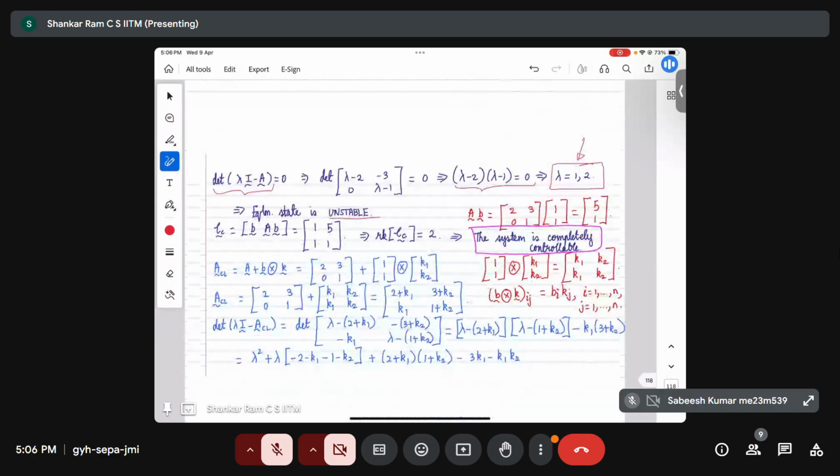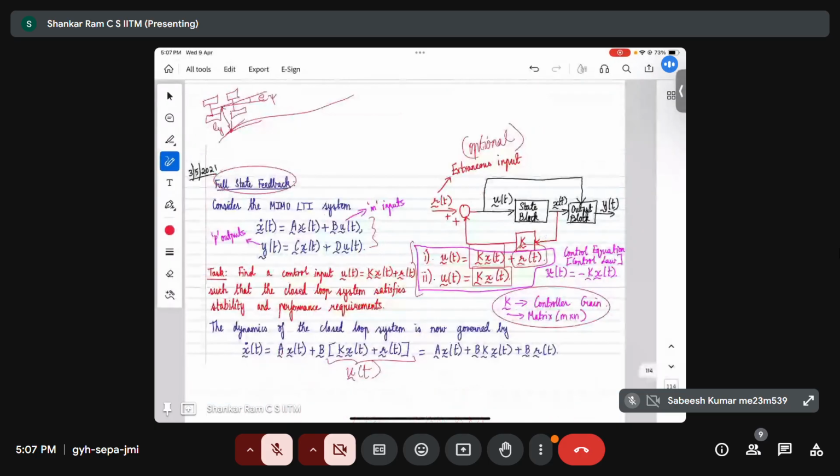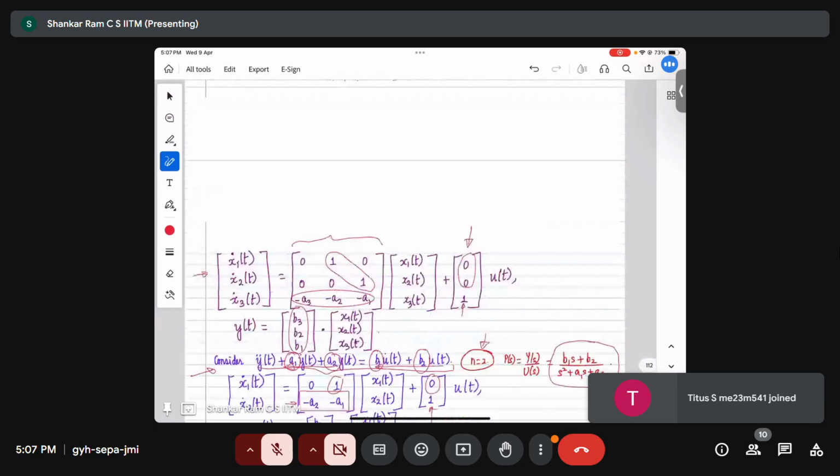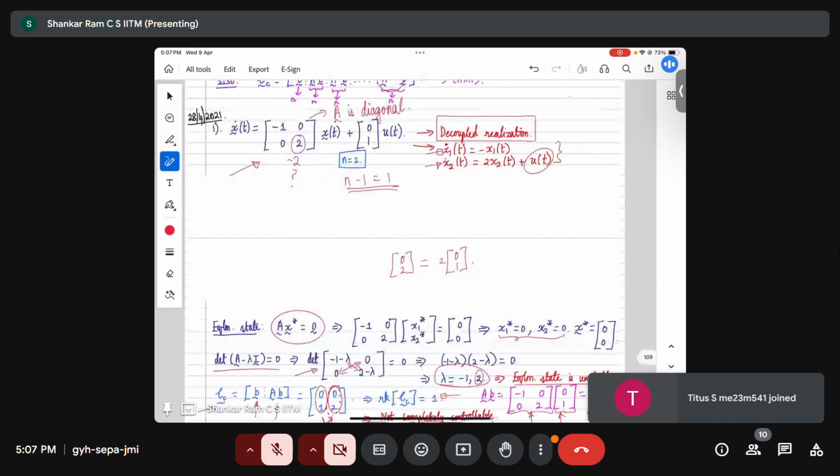So you and I need to design a full state feedback controller, such that we ensure that the closed loop system is stable. For that, we go and form the controllability matrix. As we know, for a single input, single output system, the controllability matrix was B, AB, A squared B, all the way till A power n minus 1, right?